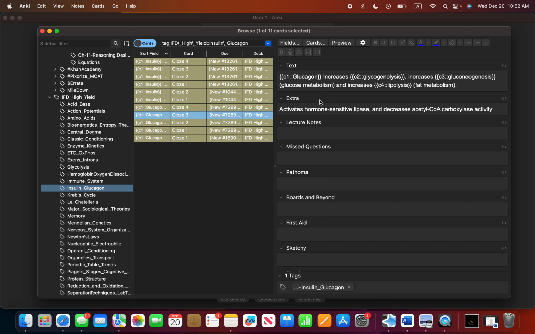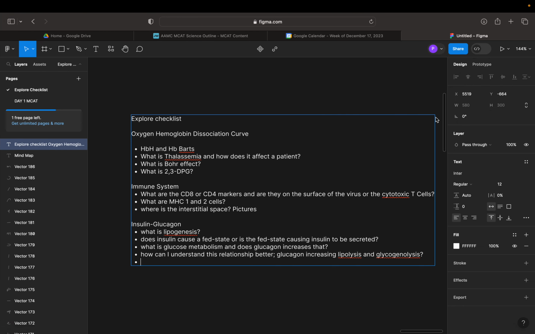And glucagon decreases the acetyl-CoA carboxylase activity. We need to know where acetyl-CoA functions. What does it play a role in?